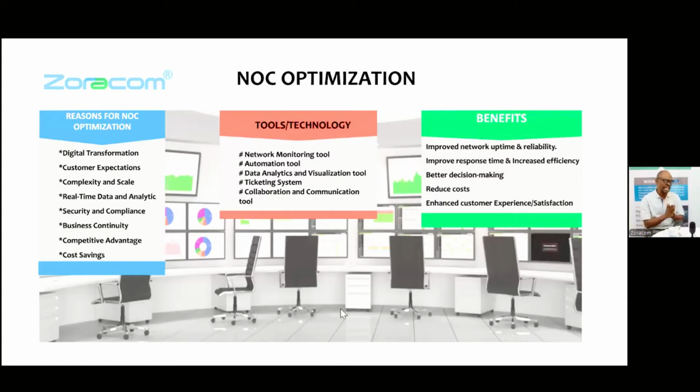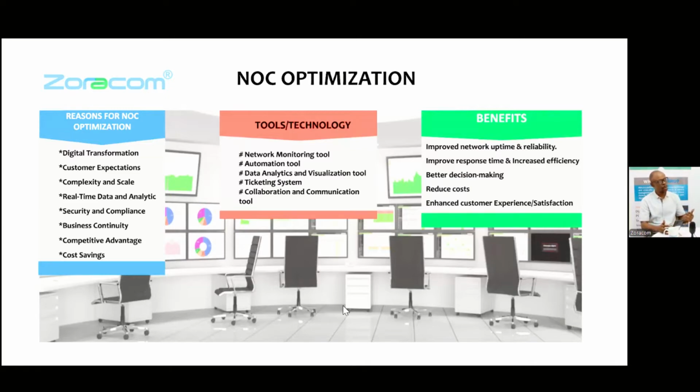Then again, business continuity. For you to improve your productivity and efficiency, your network has to be reliable. The efficiency of your network has to be there, in the sense that you have maximum uptime and minimum downtime. This is very key. Also, competitive advantage.